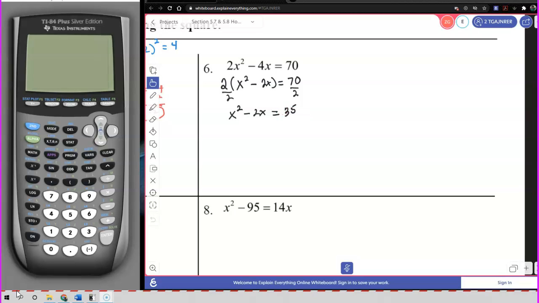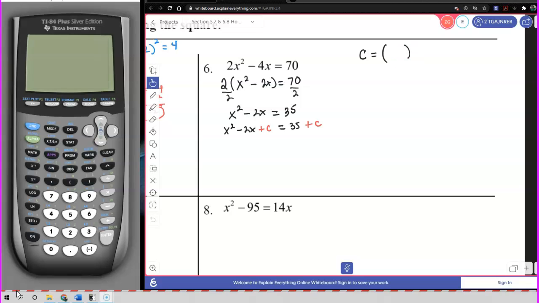Now I'm going to complete the square. So I have x squared minus 2x plus c equals 35. And since I want to balance the equation, I have to add c to the right side. So how do I find c? I'm going to show you. You're going to get the value of b.